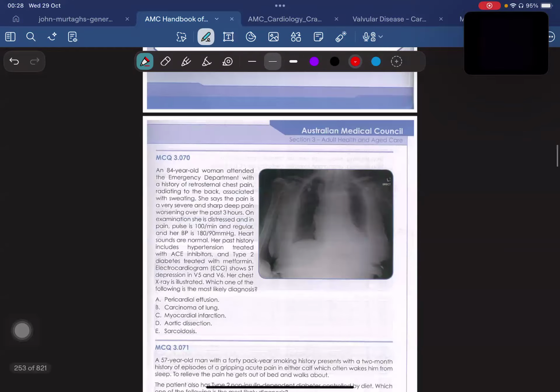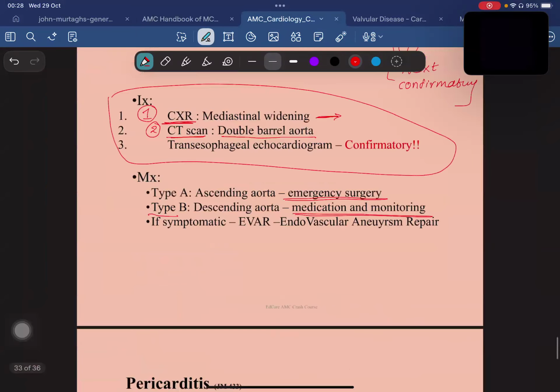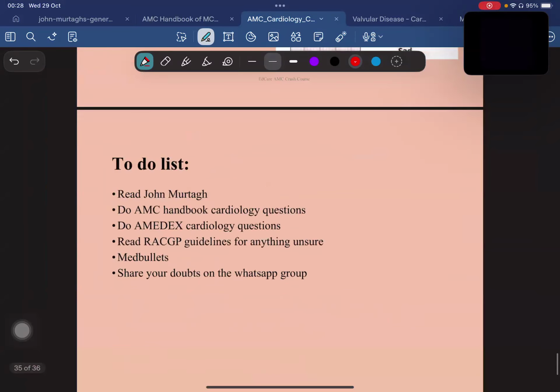And I just made a little homework, or a to-do list, because in AMC it's mainly about what you give, about what you do. I feel like we could have hours and hours of discussions, but that'll be totally pointless until you sit down and you read or you do questions.